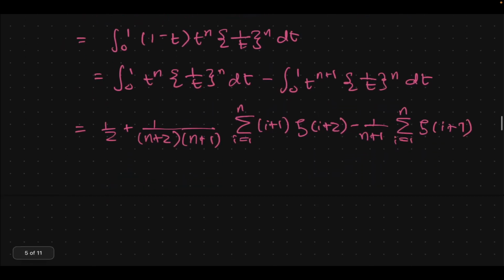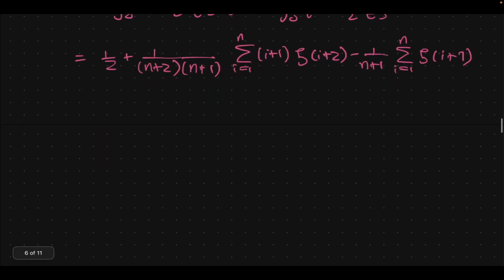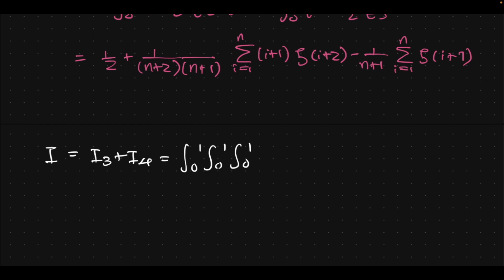That's perfect. We can club everything finally together, because I is I3 plus I4, which was just this integral. I'm just going to write it because it's such a big result.